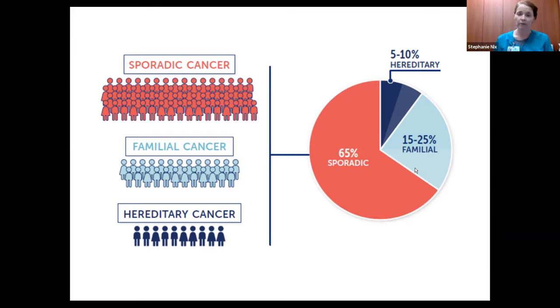And we don't really know, is it because they share genes in common, or is it because they have a similar environment? Maybe they have the same lifestyle. Maybe they grew up in an area of the country that had water runoff of pesticides or something else environmental that may have resulted in that. But overall, I just generally think about all cancers being 5 to 10% hereditary.